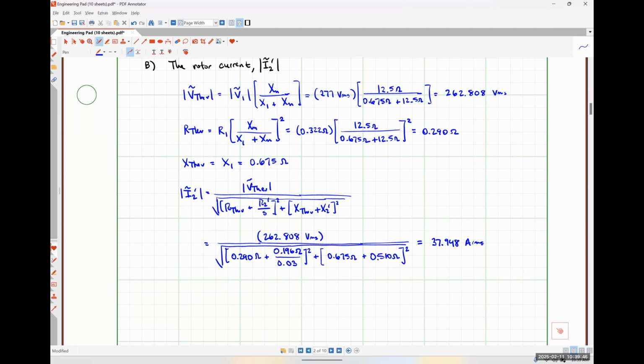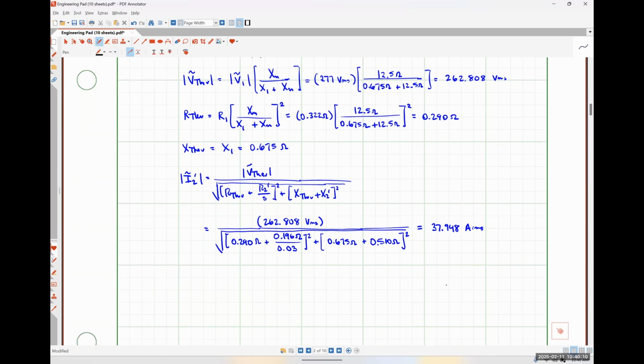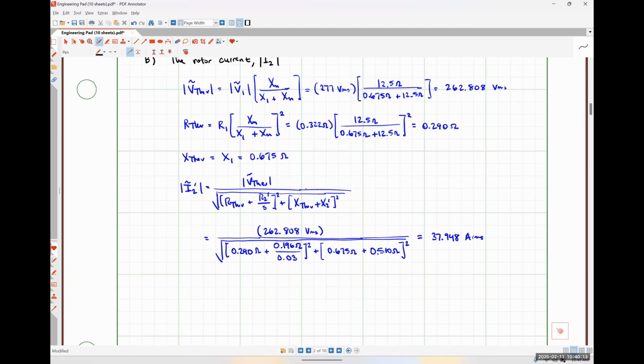All right, so how did we feel about that guy? A little tedious for sure, but just simple and direct application of things. So the next thing that I want us to find is going to be our stator current, and that'll be a little bit more involved.